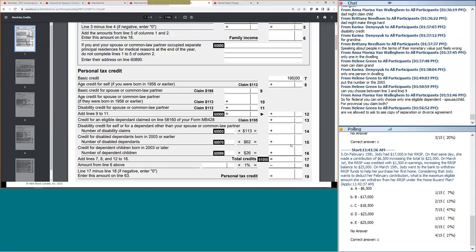This is different from how it used to be. When we had to do the full Schedule 14, we had to pick who was going to claim the children. Now that the government is doing it themselves and they have tied it more to the benefits department, it's going to be a 50-50 split depending on who has custody, and that we can at least tell our clients what to expect.